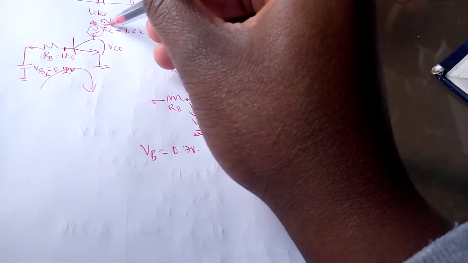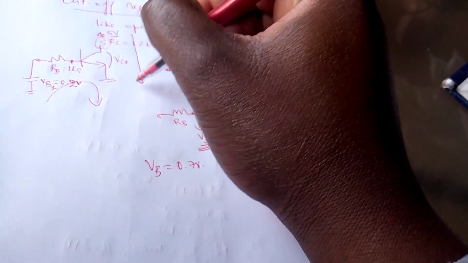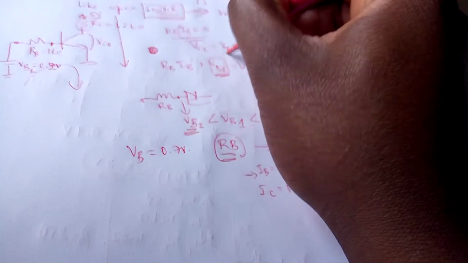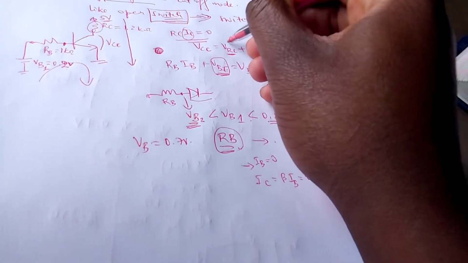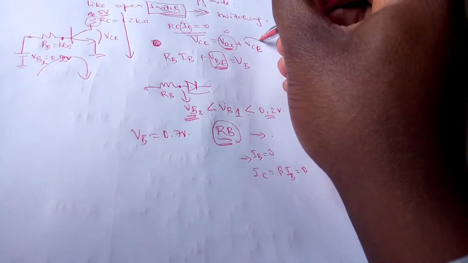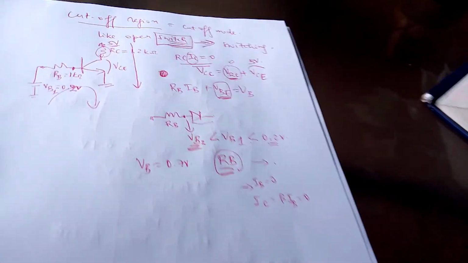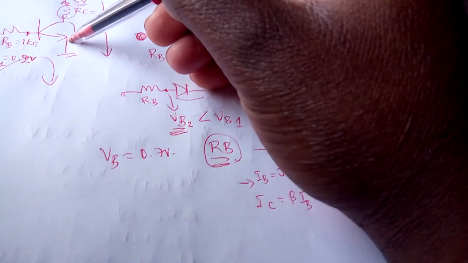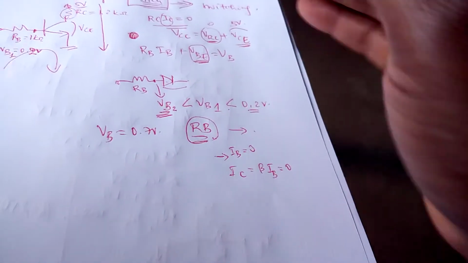For Kirchhoff's voltage law to be satisfied in that loop, which dictates that VCC equals VRC, the voltage drop across RC, plus VCE, if this is 0 already, then all of VCC will be equal to VCE. In which case the transistor will behave like an open circuit. So VCE will be equal to VCC, which is very high.